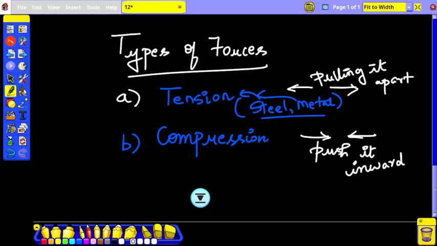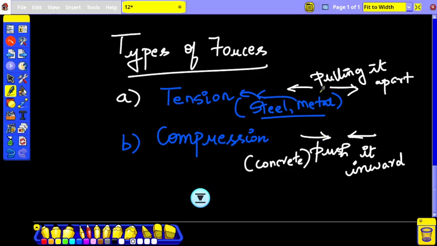That is what you experience in compression, and that will come in something called concrete. Concrete is a very important material when it comes to structural engineering or even civil engineering. In fact, anyone living in a framed structure is going to know what concrete is. So we'll associate compression with concrete, tension with steel.